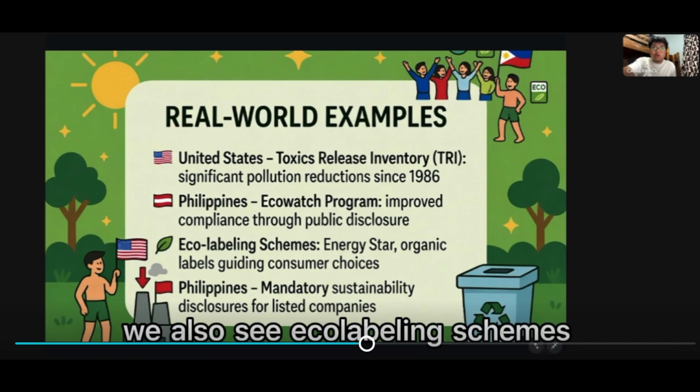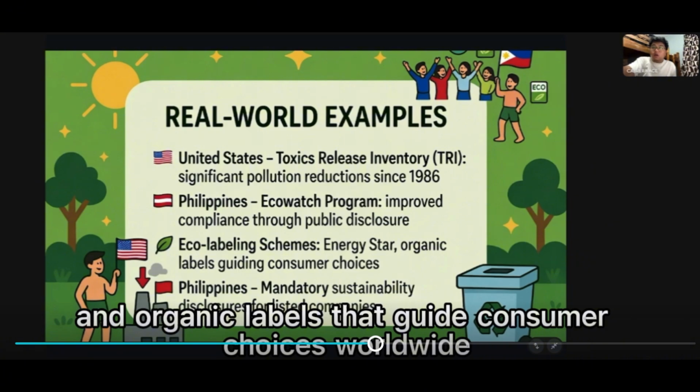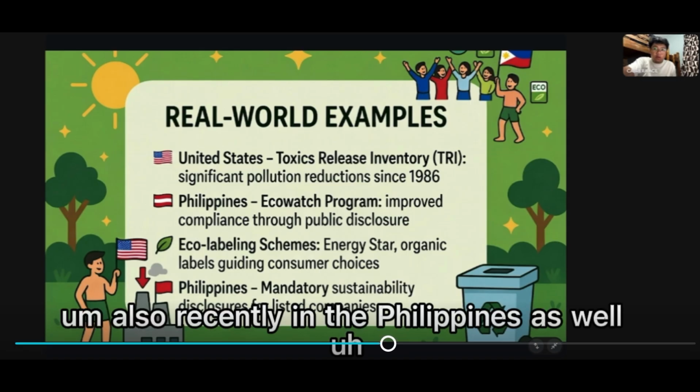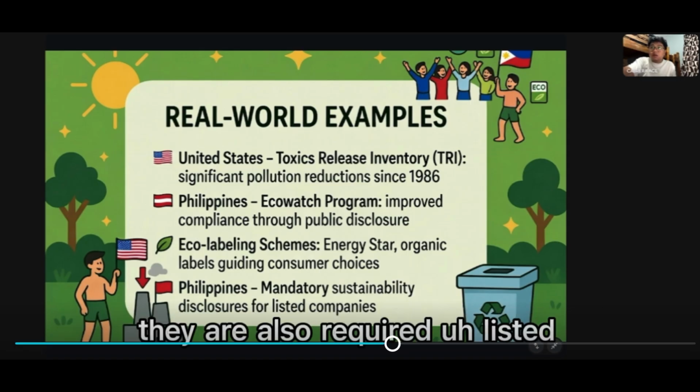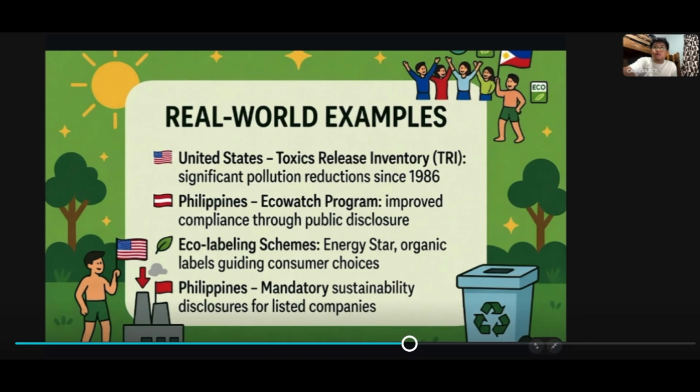We also see eco-labeling schemes like Energy Star and organic labels that guide consumer choices worldwide. Also, recently in the Philippines as well, publicly listed companies are required to submit mandatory sustainability disclosures.